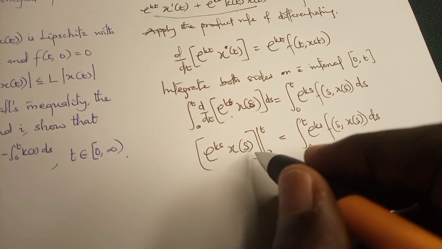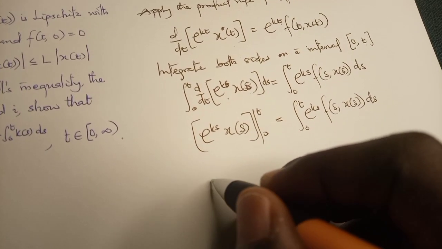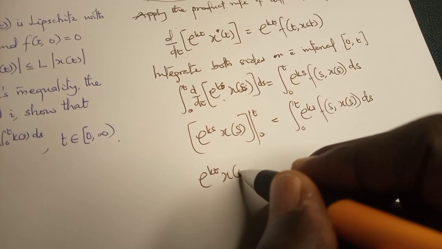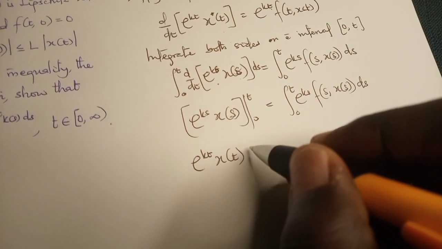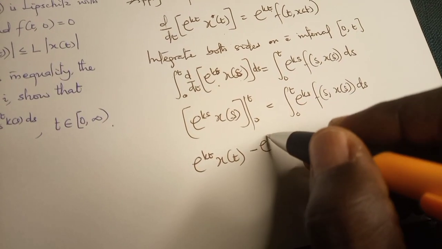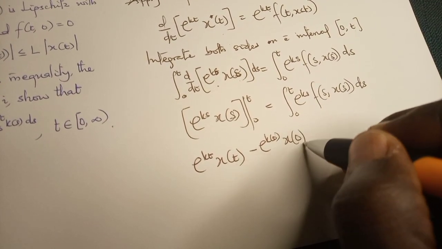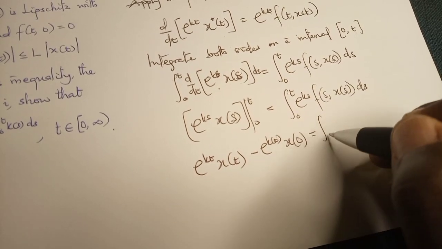Evaluating the limit on the function, we have e exponent kt x of t, the higher limit, minus the lower limit, e exponent k 0 x of 0, equals, maintain this.